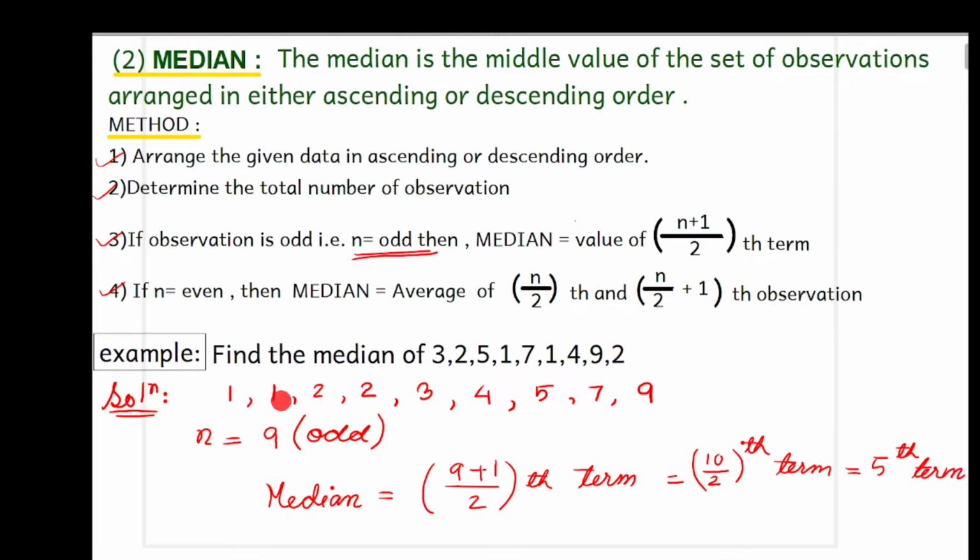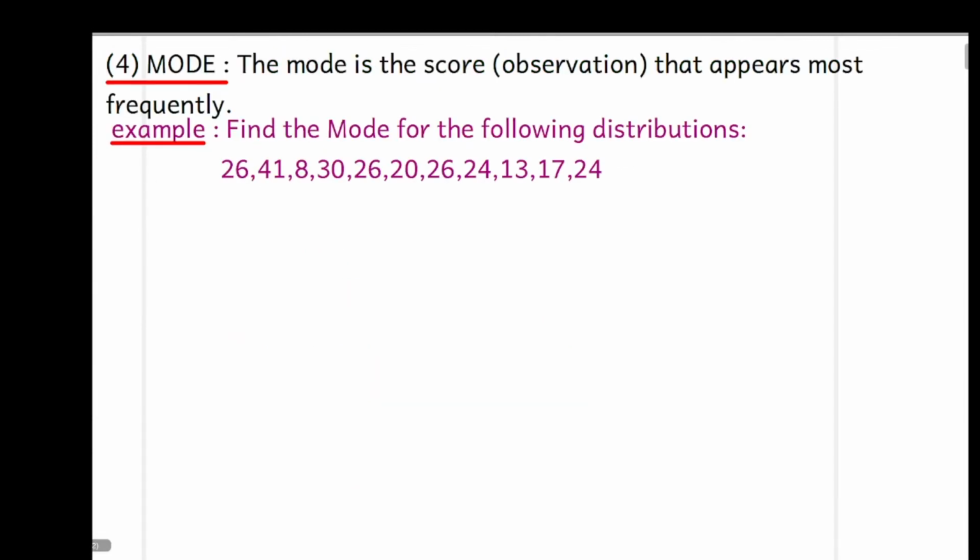Now you count 1, 2, 3, 4, 5. What is the 5th term? It is 3. So the median is 3. I hope you are clear about median.